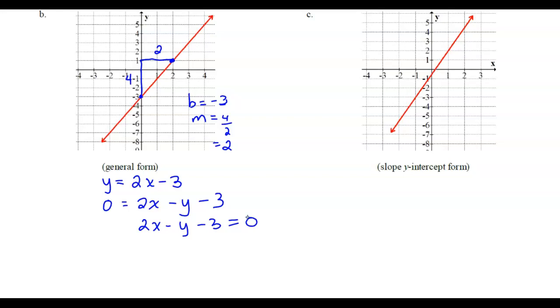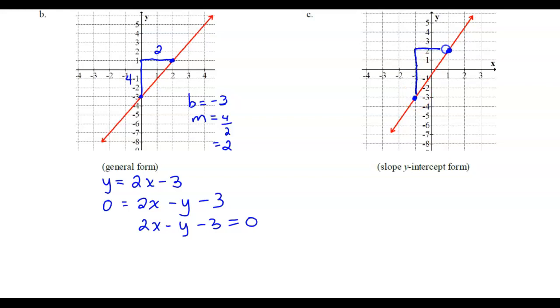Take a look at the next one. Slope y-intercept form. Is the y-intercept nice? No. So in this case, I'm not going to start with slope y-intercept form, even though that's the form you're asked. I'm going to choose, that's a nice point there, and choose another nice point here to find the slope.